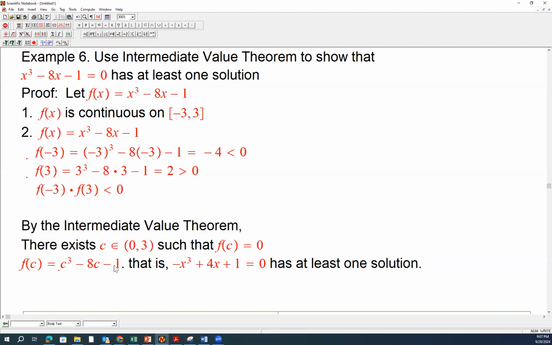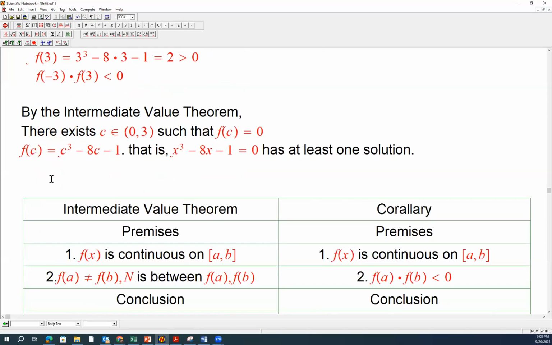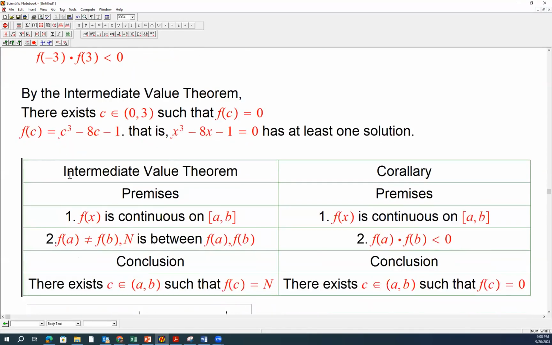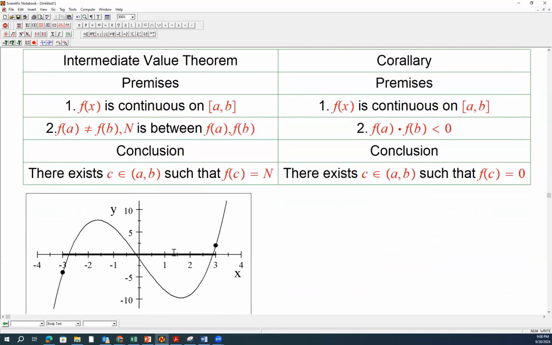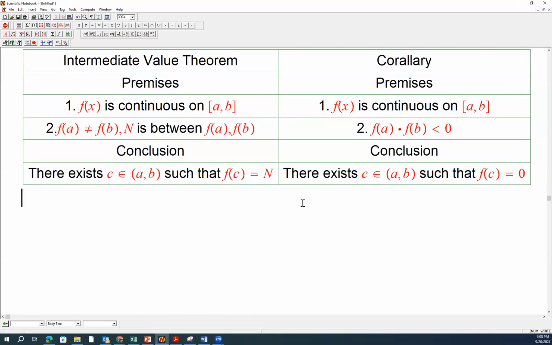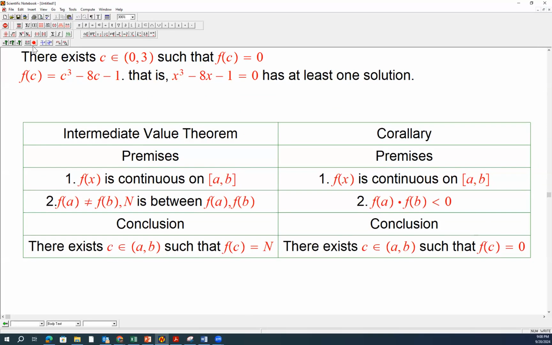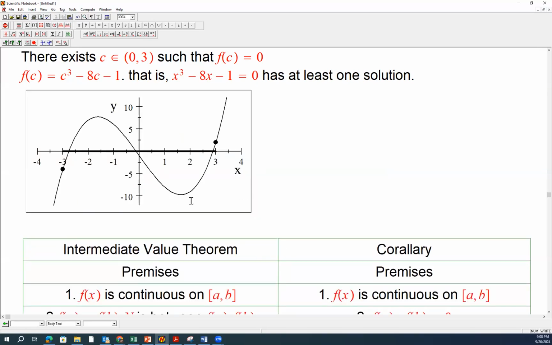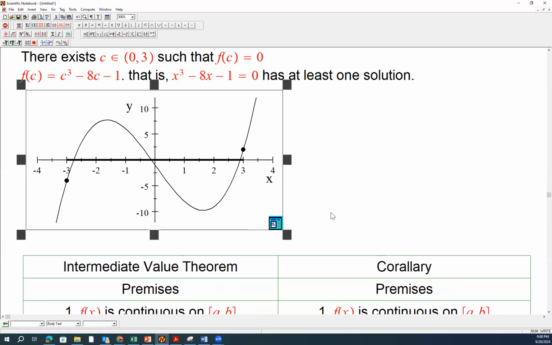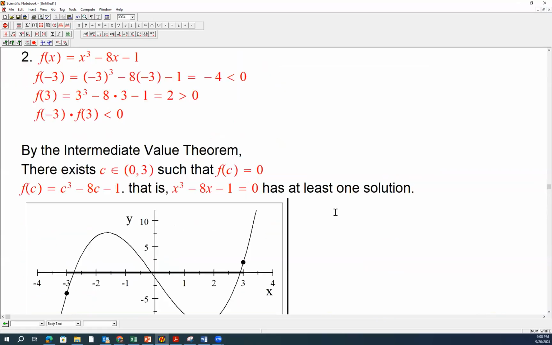And so in the end, this has at least one solution. And let me quickly scan this, right? So we got solutions. To summarize, this is the picture of this function. If you can draw the picture, it certainly helps you to identify the interval. I think that's all.